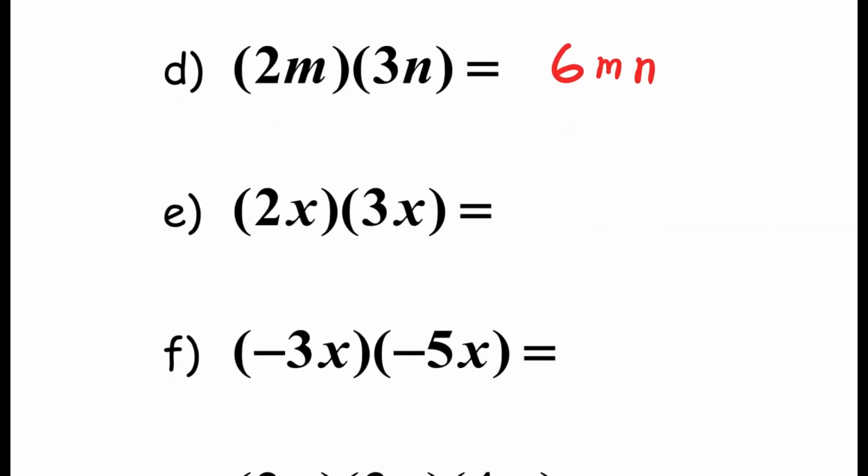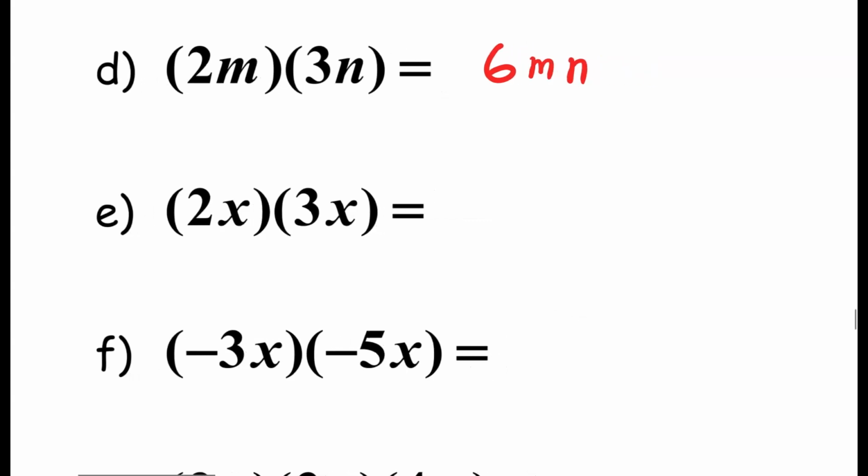For E, we have 2x multiplied by 3x. This one here, we have variables that are the same. So our x is the same. So what we want to do is we have 2 multiplied by 3, and then we have an x of 1 and an x of 1, because whenever x is by itself with no exponent written on top, it's to the power of 1. So we're having 2 multiplied by 3, and then we're adding the exponents.